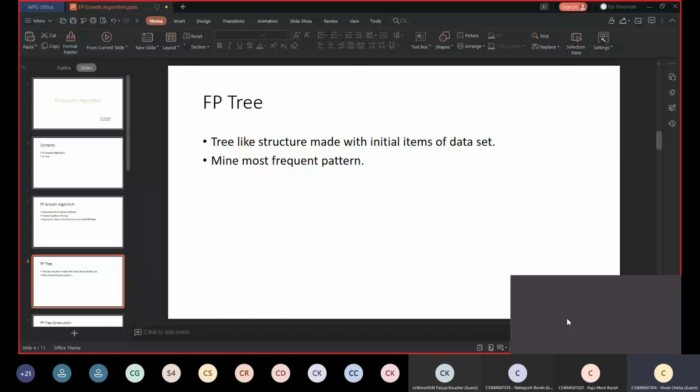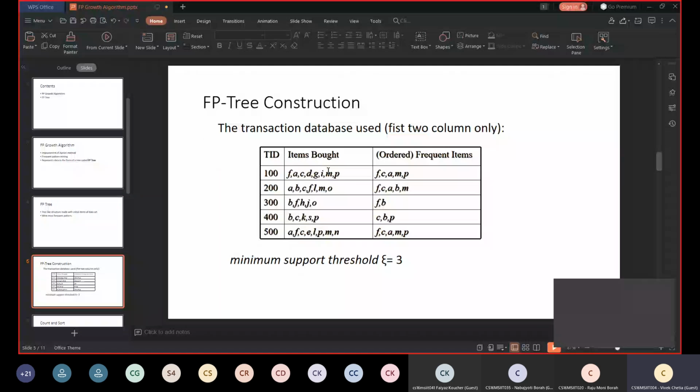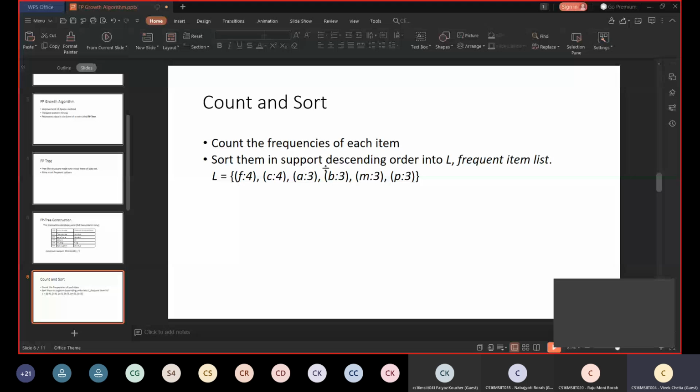First, let's consider a transaction database. Here, each transaction has different items. What we do first is count the unique items. After counting the unique items, we get a set of items with their number of occurrences. Here F 4 times, C 4 times, A3, B3, M3, P3.